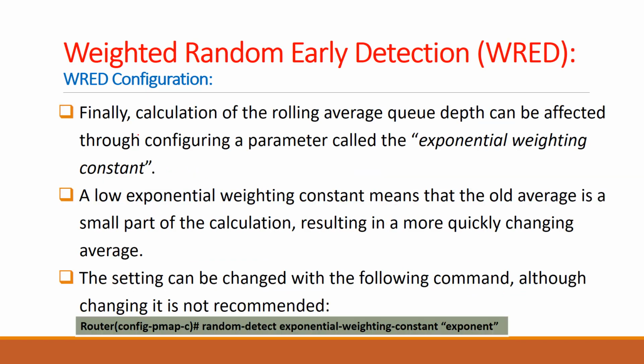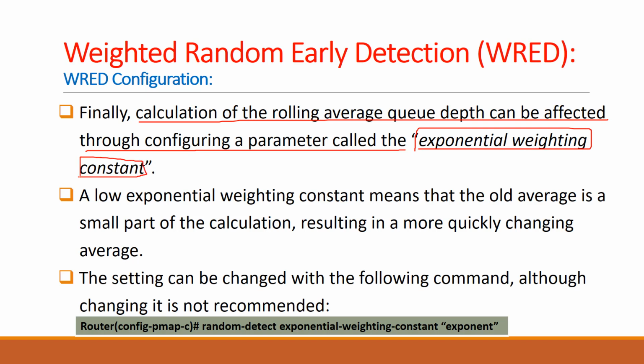So finally, calculation of the rolling average queue depth can be affected through configuring a parameter called the exponential weighting constant, or EWC. A low exponential weighting constant means that the old average is a small part of the calculation, resulting in a more quickly changing average.